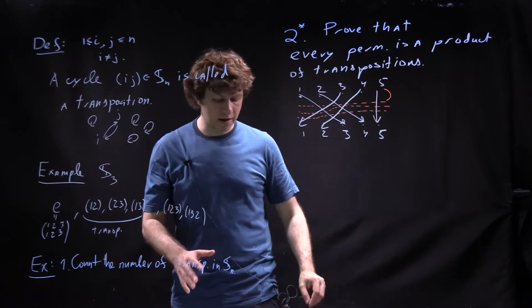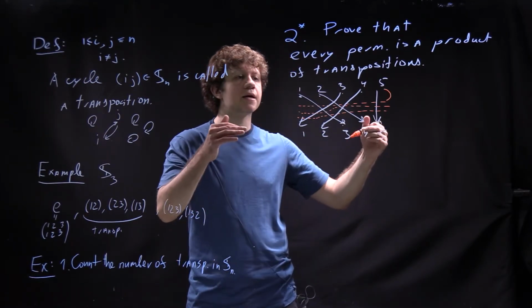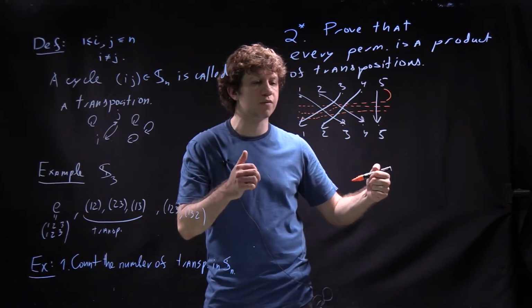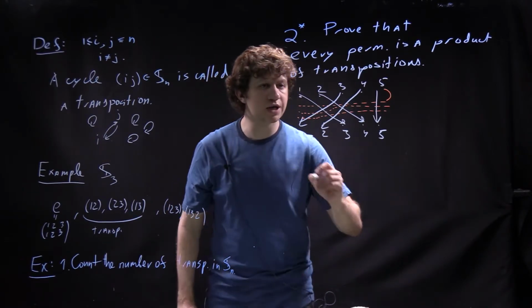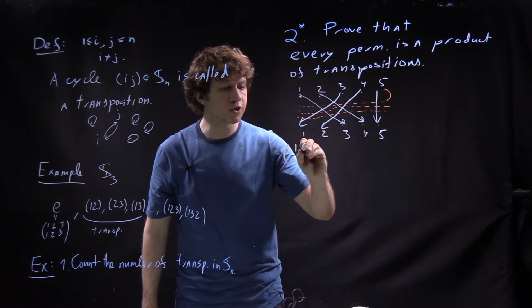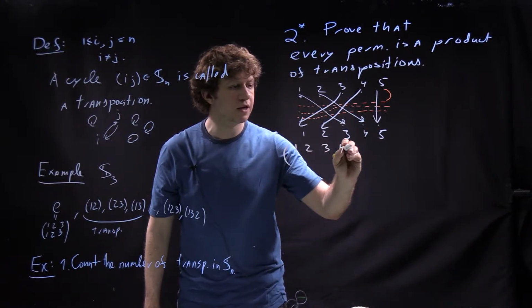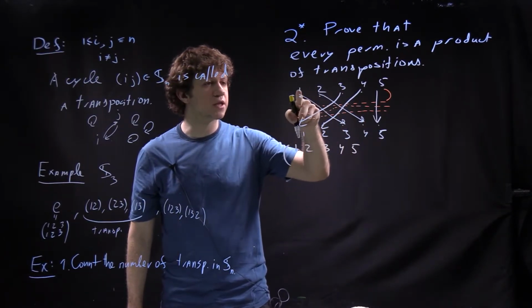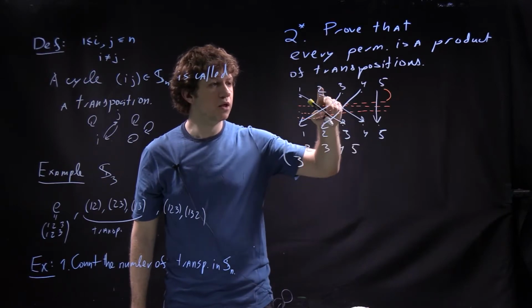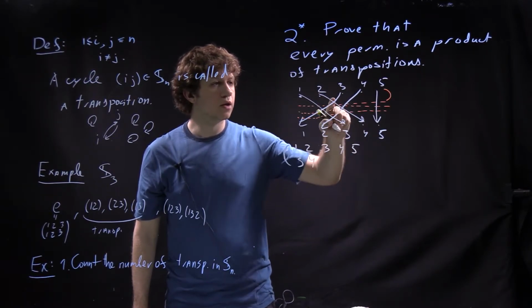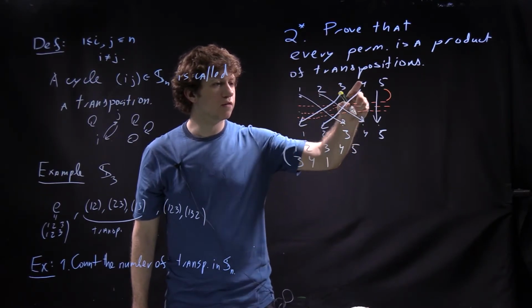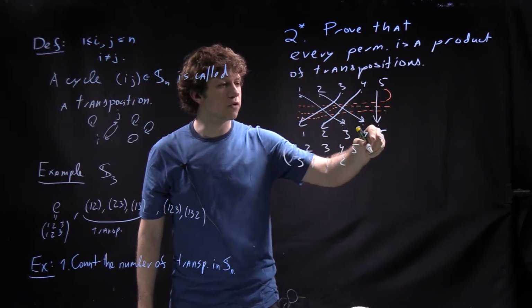So let me rewrite it. If I think in terms of multiplication of permutations, I have my resulting permutation which I want to get, which takes 1, 2, 3, 4, 5 and sends 1 to 3, 2 goes to 4, 3 goes to 1, 4 goes to 2, 5 goes to 5.